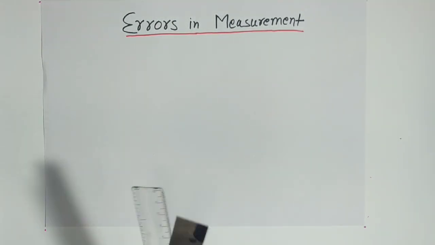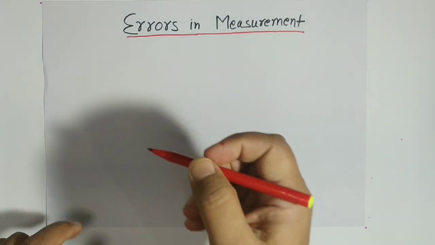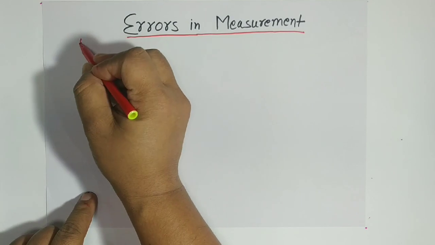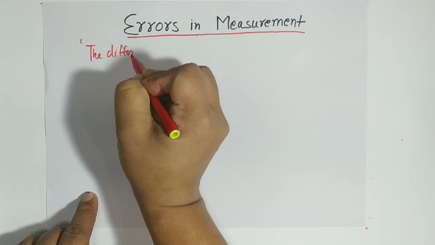Now today, how are we going to define an error? Error is actually what? This is one type of error which you have seen right now, the instrumental. How do we define the error?